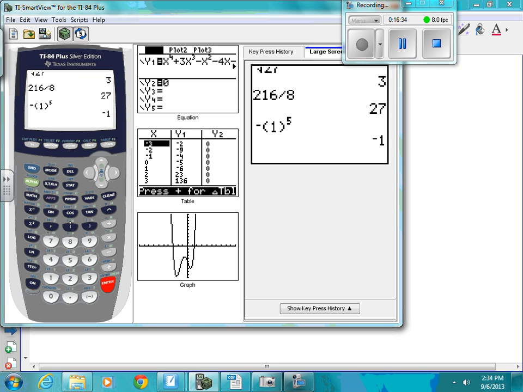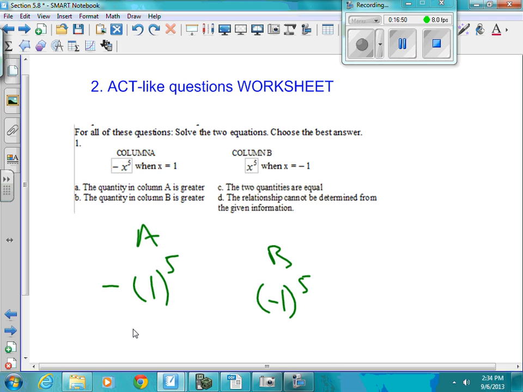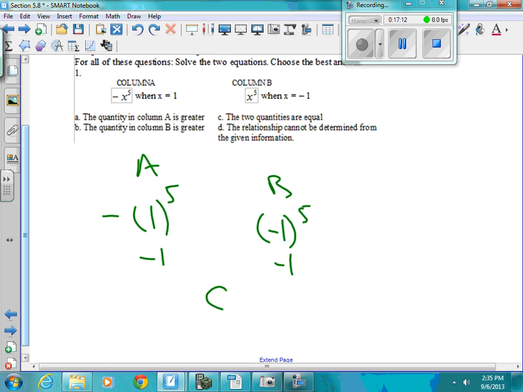And then if we put the parentheses around negative 1, we get negative 1. So, what happened here? Is A greater than B? Nope. Is quantity in B greater? Nope. Are the two quantities equal? Yes, they are. So our correct answer for this is answer C.